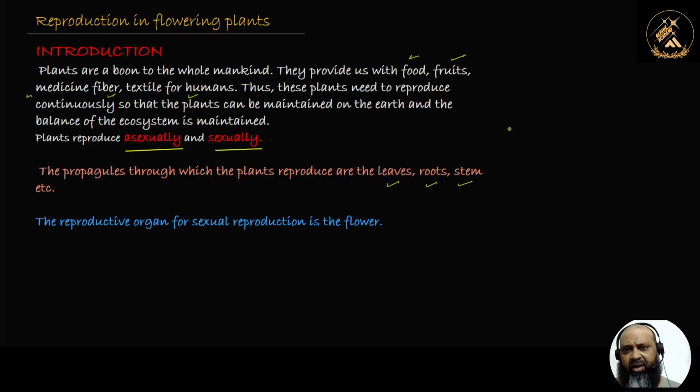For example, in Bryophyllum, leaves can reproduce many small plants from the leaf edges. This is the way to reproduce asexually. Propagules are the small structures which reproduce asexually.